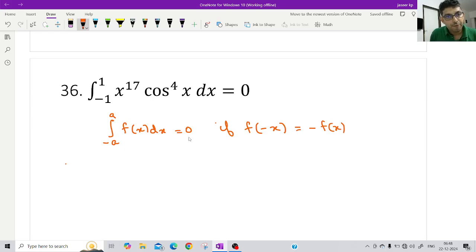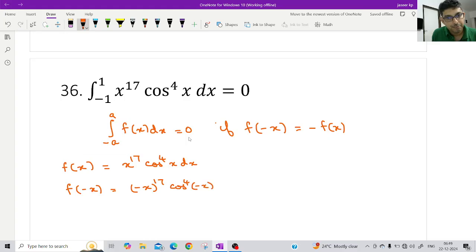So here f of x is x to the power 17 cos to the power 4x. If you take f of minus x, it will become minus x to the power 17 cos to the power 4 of minus x.